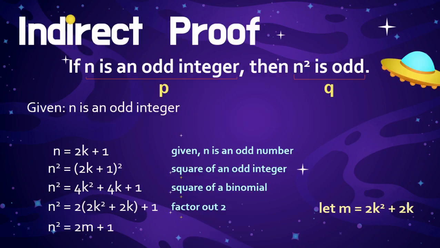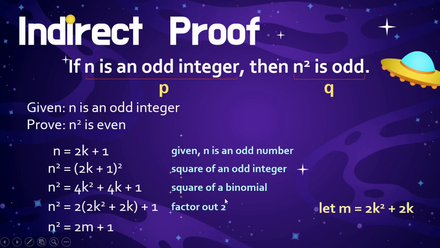Okay, paano yun? Exactly the same nung kaninang given. Pero kung gagamitin naman natin ay indirect proof, instead of proving yung ating conclusion, ipoprove natin yung opposite niya, which is n squared is even. Kabaliktaran nitong n squared is odd is n squared is even. We will go through the same steps.